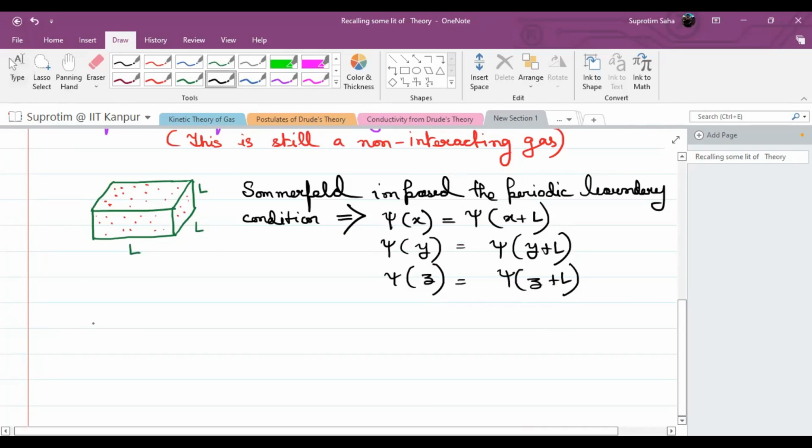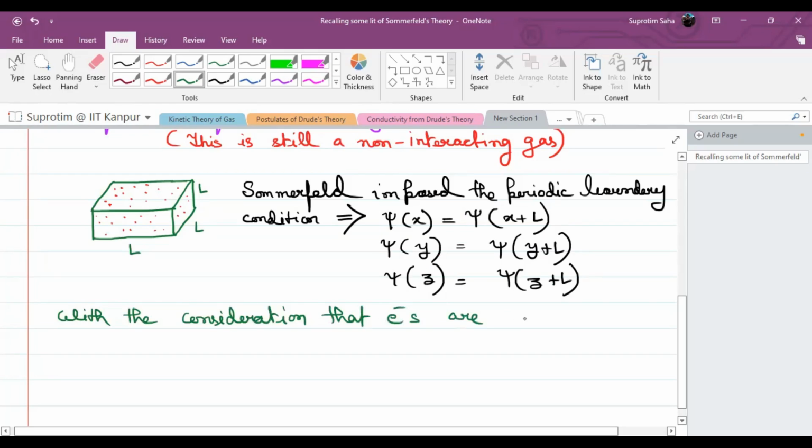With the consideration that the electron gas is a classical gas, that electrons are classical particles, meaning in Drude's picture, there was no potential energy because there was no interaction.